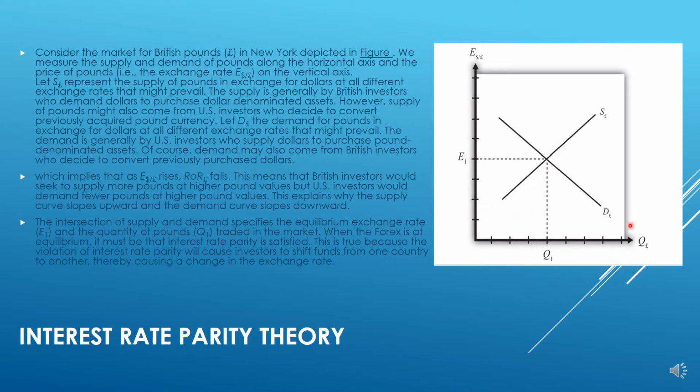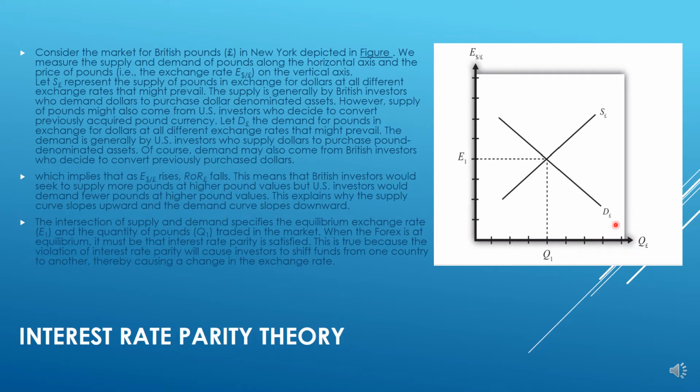So let S pound represent the supply of pounds in exchange for dollars at all different exchange rates that might prevail. The supply is generally by British investors who demand dollars to purchase dollar denominated assets. However, supply of pounds might also come from US investors who decide to convert previously acquired pound currency.